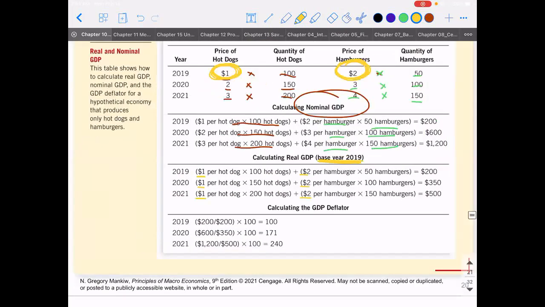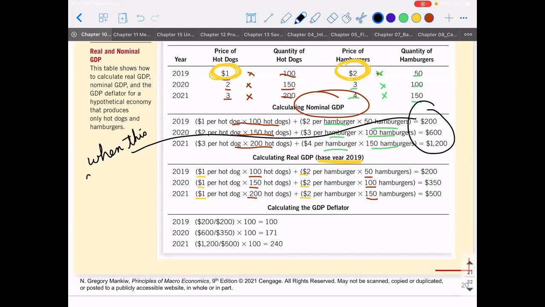But the quantity changes based on the year that it is. The difference being, when this changes, it could either be because the price is changing, the quantity is changing, or price and quantity are changing.